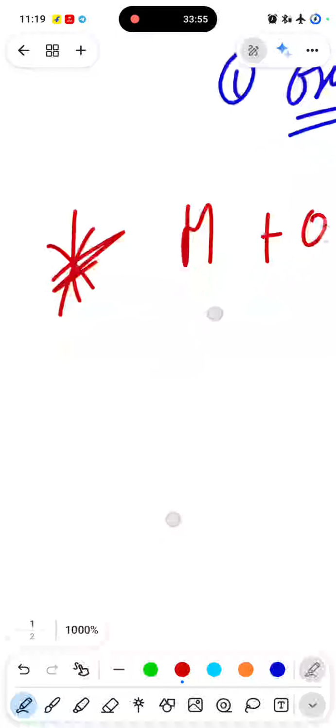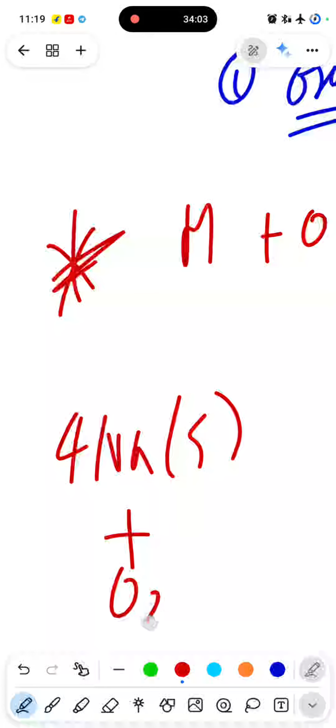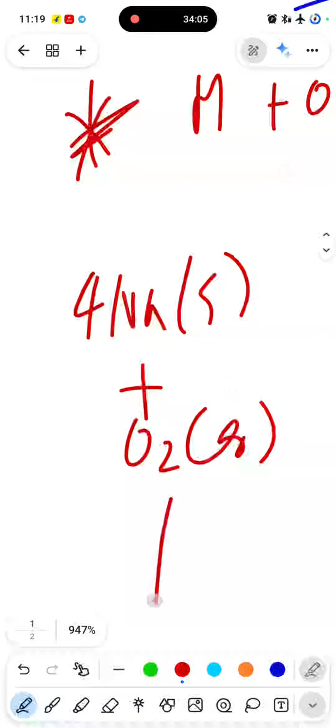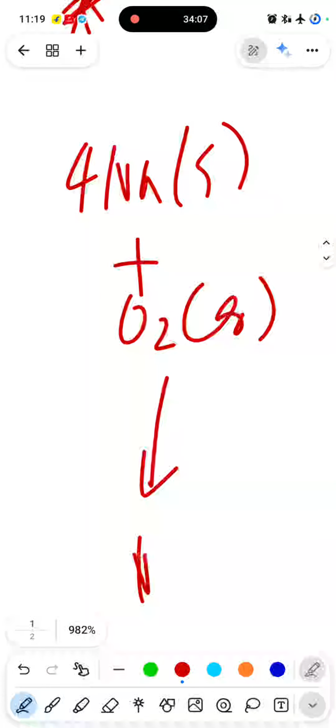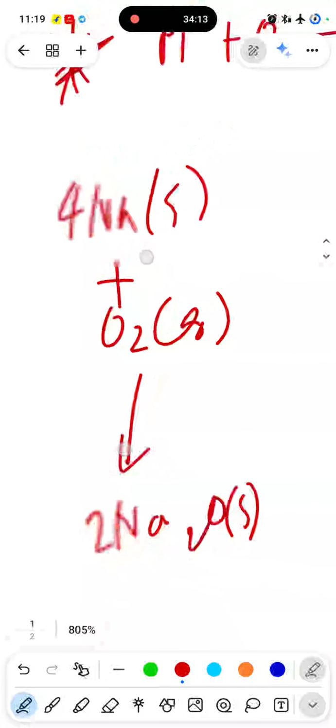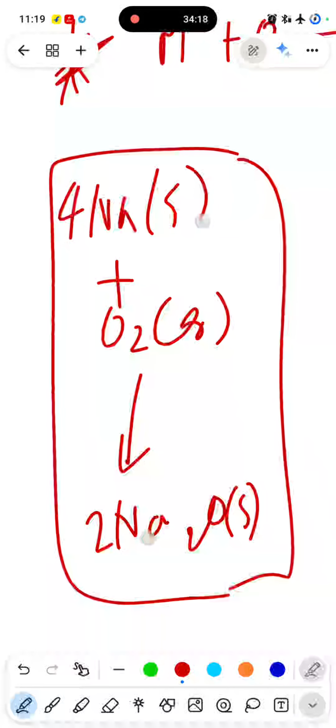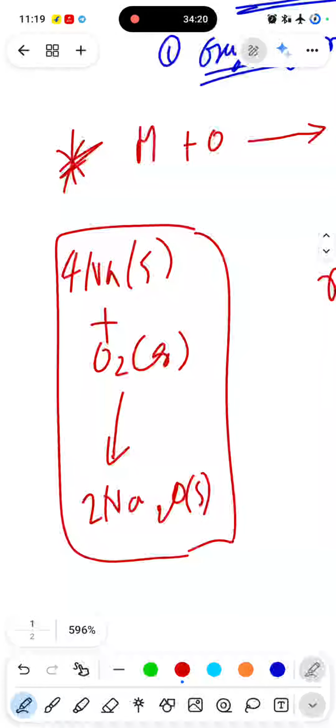For example, if I take sodium, that is a solid, and if I combine it with oxygen, that is gaseous, we will get 2Na2O, that is solid. So this is an example you can give, and it's about practice and memorization.